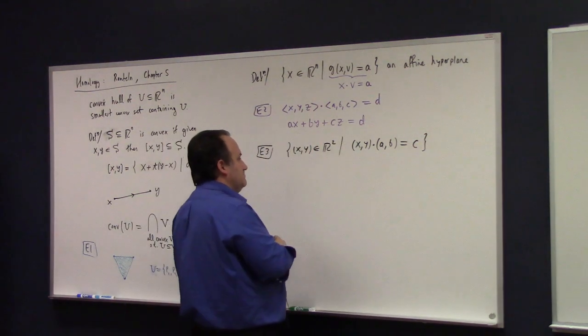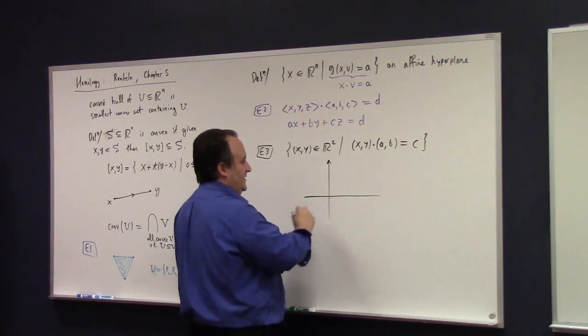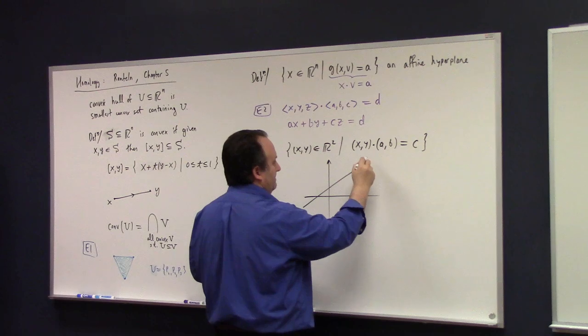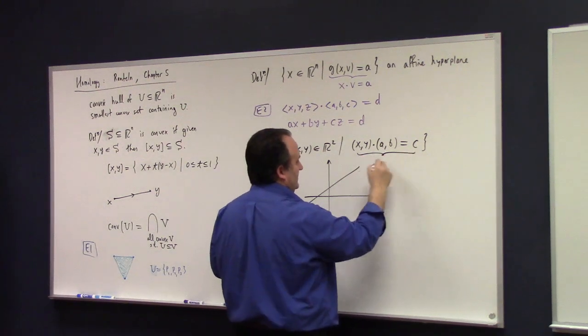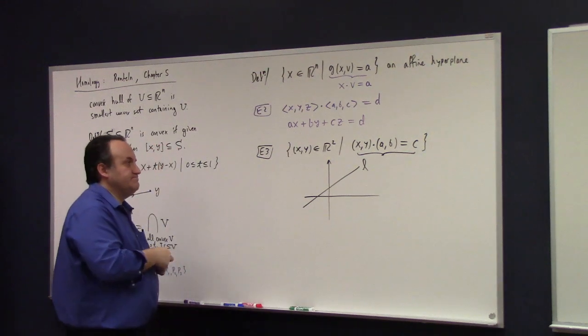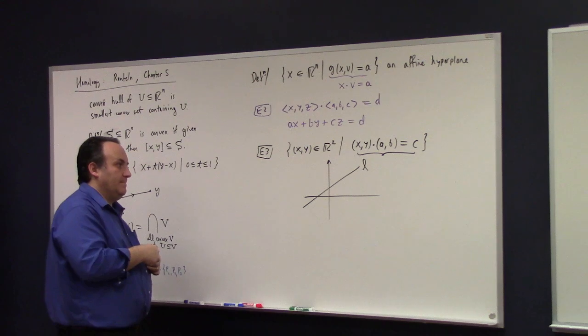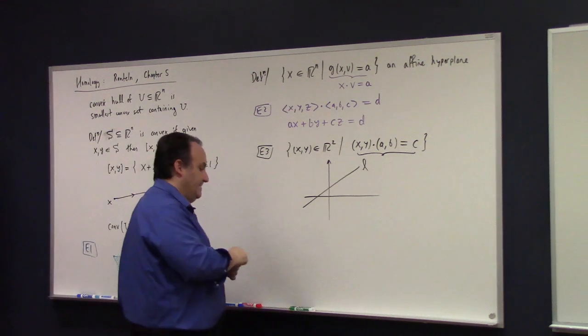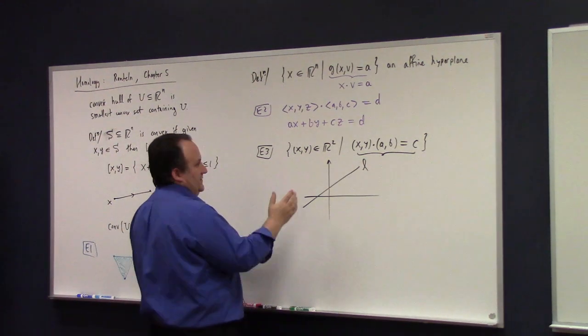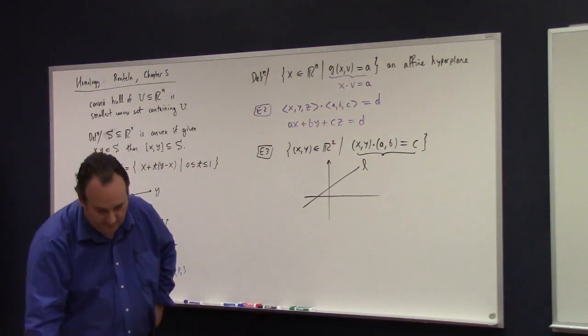That would define some particular line, right? So this is some line. But it could be a line; this is an actual plane in higher dimensions. It could be more.